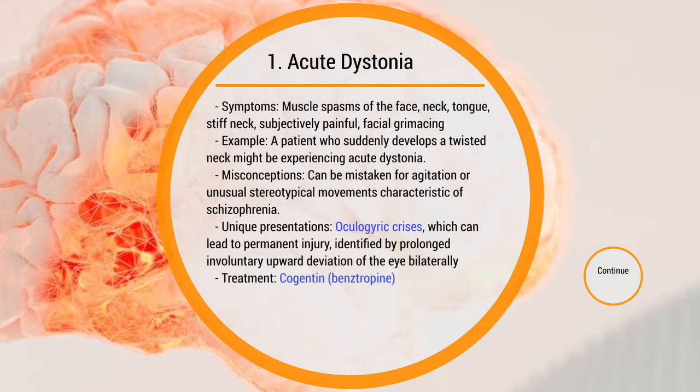What happens is involuntary upward deviation of the eyes, bilateral. I'll provide a picture in a second. What are we going to do? Cogentin. Cogentin, which is the same thing as benztropine.